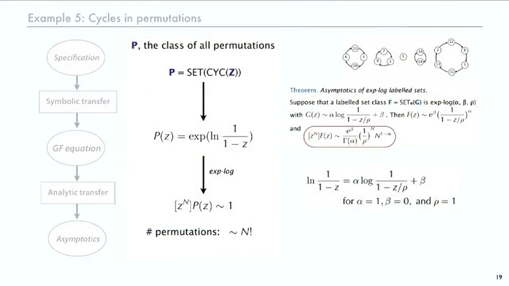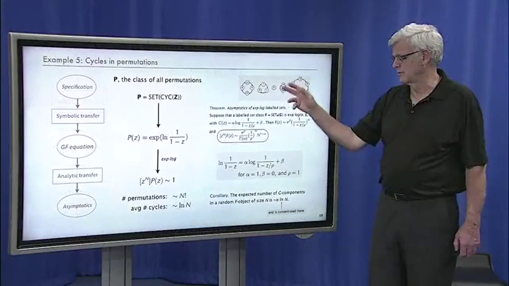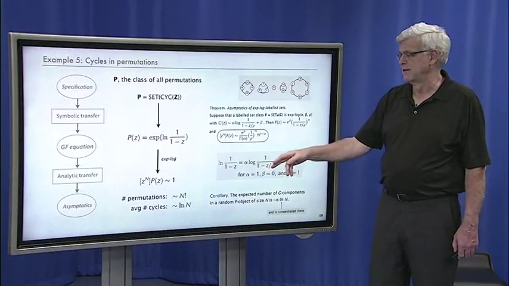That doesn't seem like much of interest, but remember the corollary says the expected number of components, so that's the expected number of cycles, which does maybe require some calculation. It's alpha log n, alpha is 1, so that's immediate through the singularity analysis proof that not just the number of permutations, but also the average number of components comes immediately: log n.